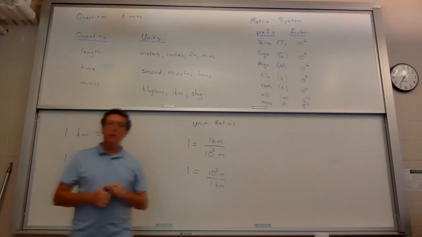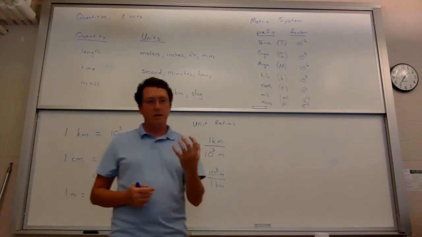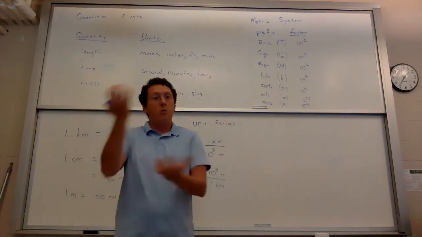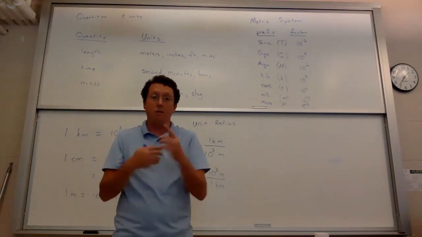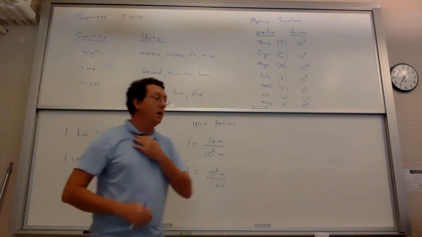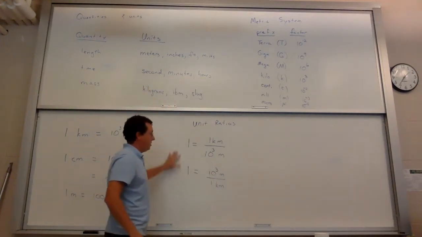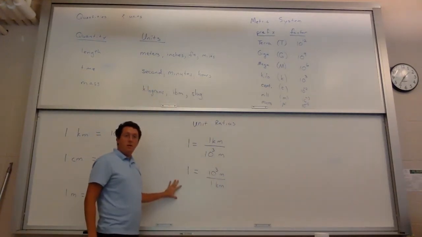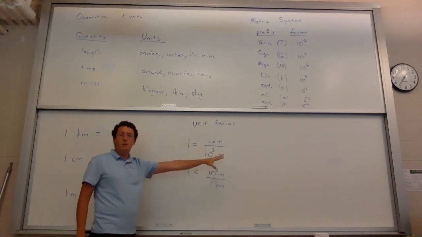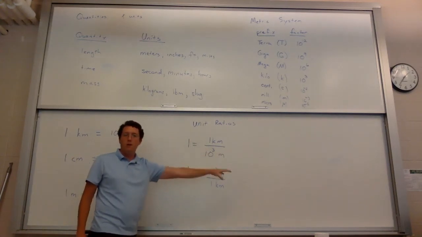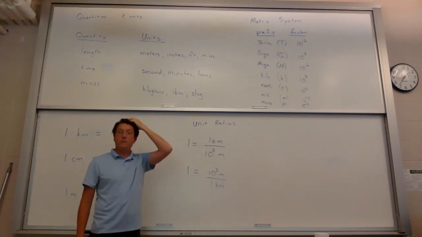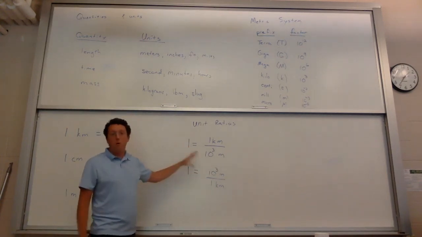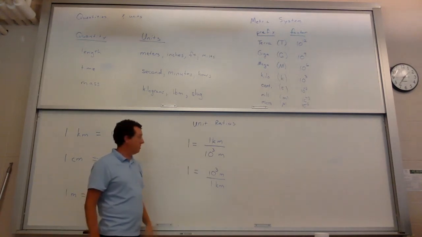Anytime you have two amounts that are the same, you can form a unit ratio just by dividing them. And if they're the same, the ratio is 1. That's how that works. We're going to use these unit ratios to help us convert a quantity measured in one set of units to another set of units by really just multiplying by these unit ratios.